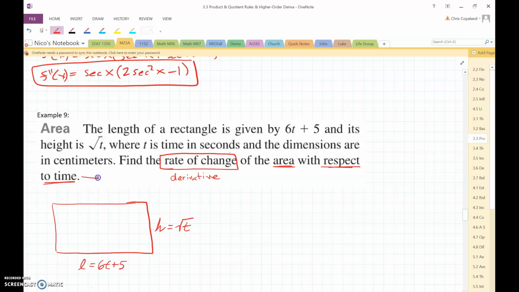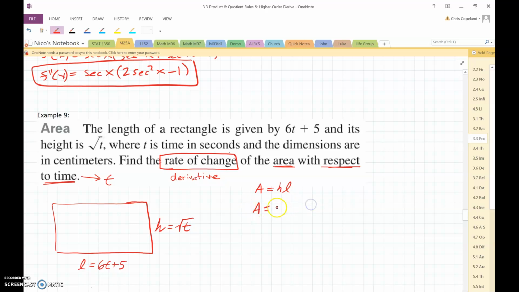So time is t. We know to find the area of this rectangle, it would be the height times the length. So let's figure that out first.